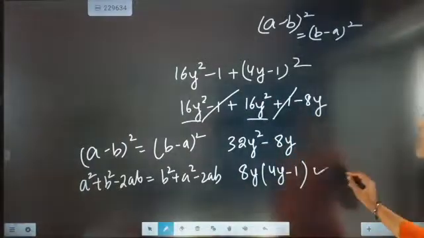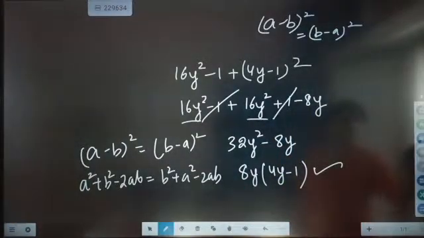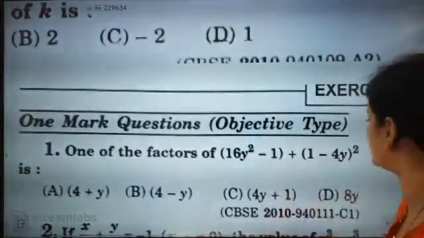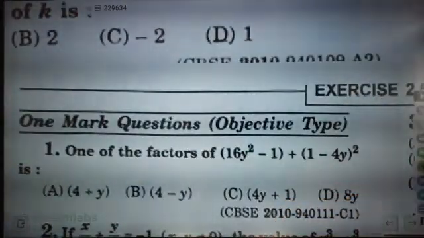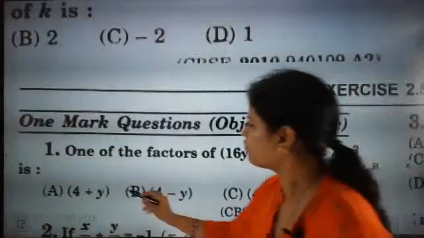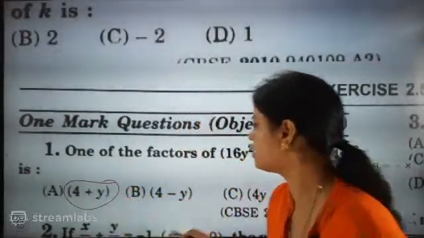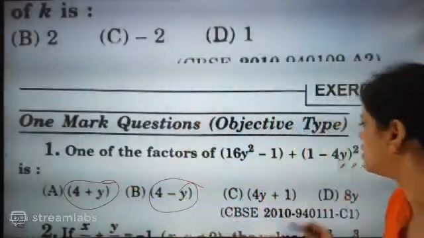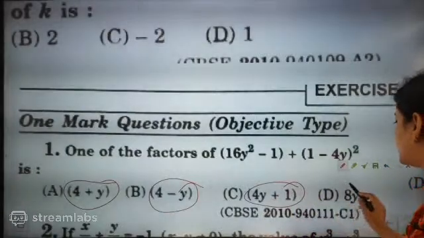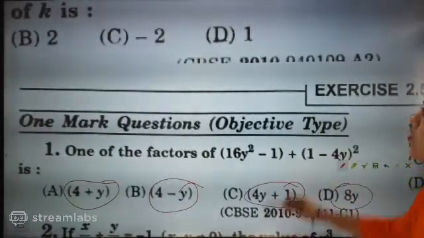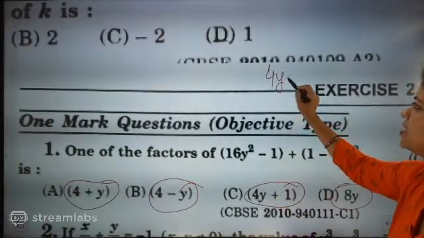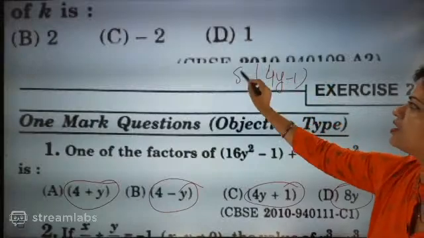So 4y minus 1 is left common. Is there 4y minus 1 there? Here in the options, you see 4 plus y is there, 4 minus y is there, 4y plus 1 is there and 8y is there. So which one is going to be the answer? Your content is 4y minus 1, 8y.